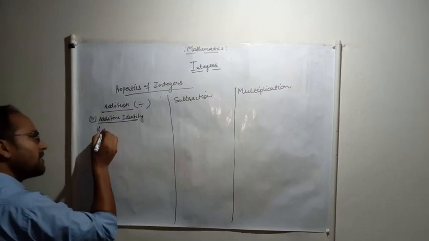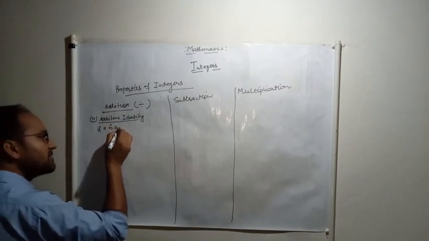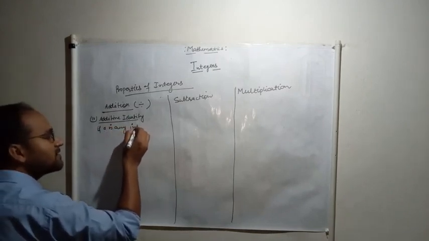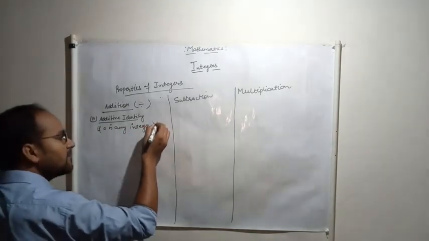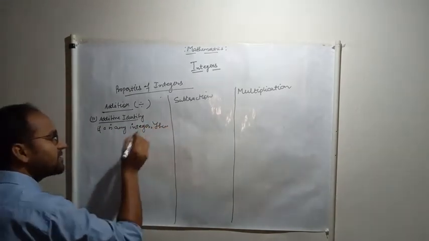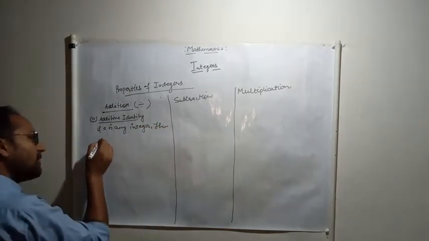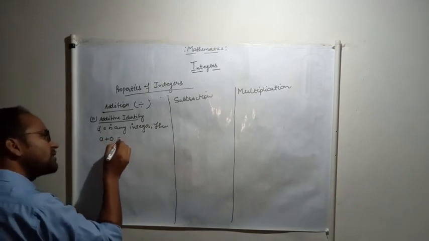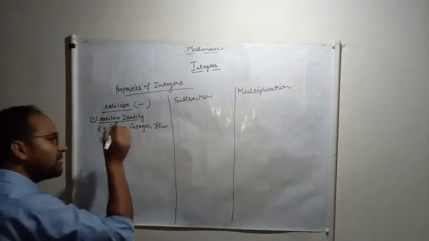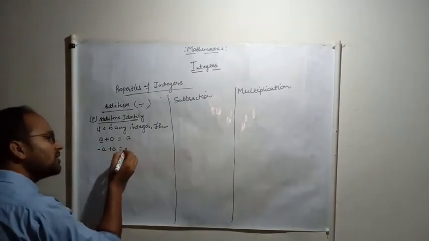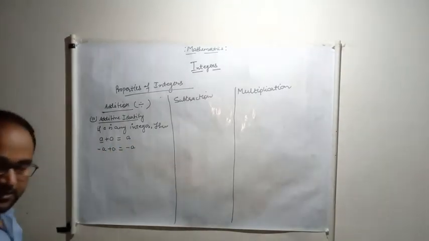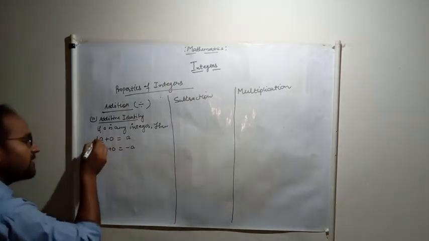If a is any integer, then a plus 0 is equal to the same integer. If it is minus a plus 0, in this case also you get the same integer with the minus sign.